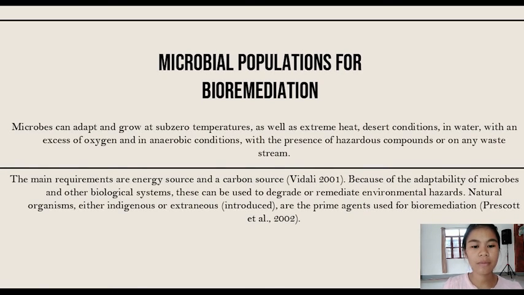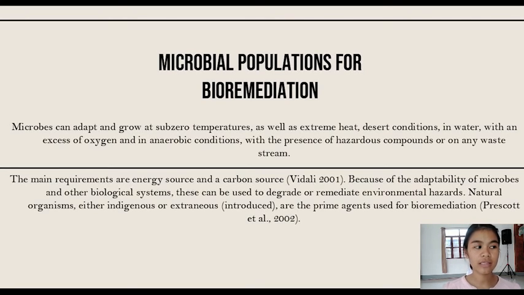So, the microbial population for bioremediation. Ano nga ba tong mga to? We are taking advantage of the adaptability to grow ng mga microbes or the flexibility ng mga microbes. Pwede silang mabuhay sa sub-zero temperature, sa extreme heat, sa desert condition, in water, excess oxygen, in anaerobic conditions, basta merong presence ng hazardous compounds.